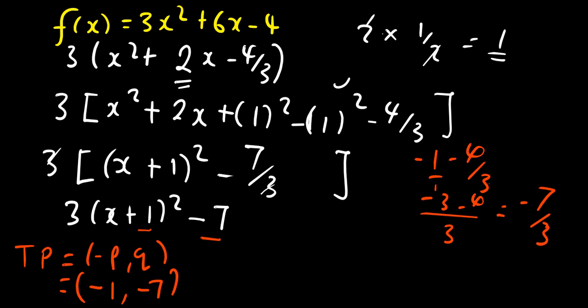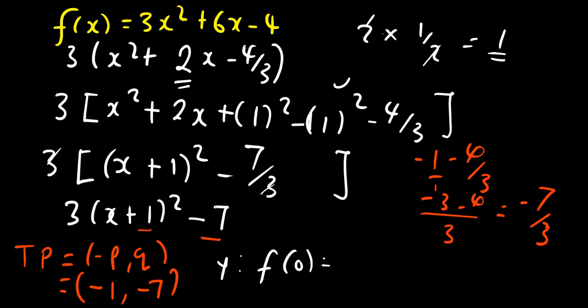Okay, so now what other thing can we find? Let's find the y-intercept. Wherever there is x, we put 0, so it will just be f of 0.